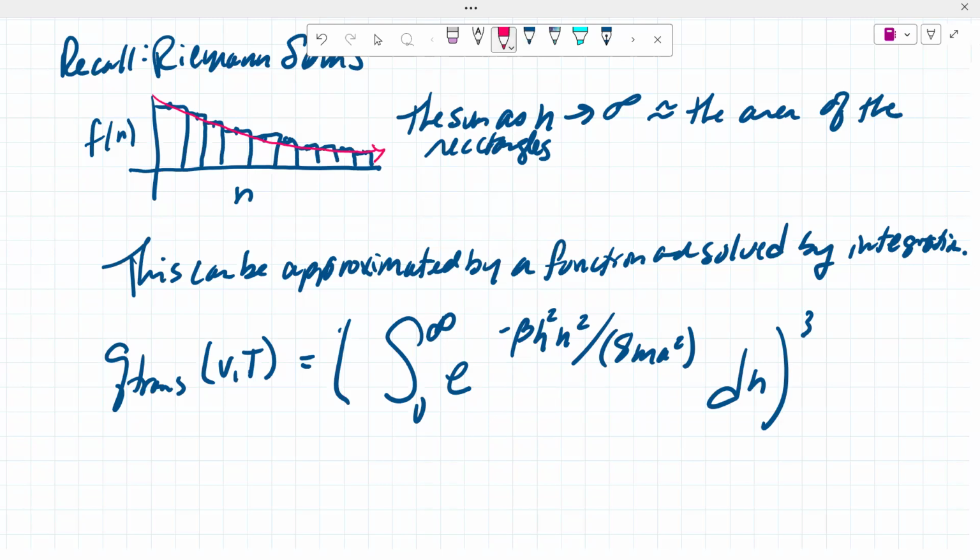This is cubed because it's once for each dimension x, y, and z, right? That's why we have a cube there. And then we actually do the integration.